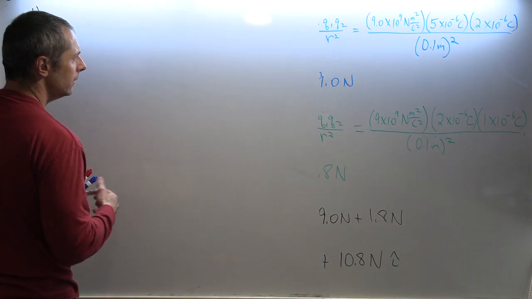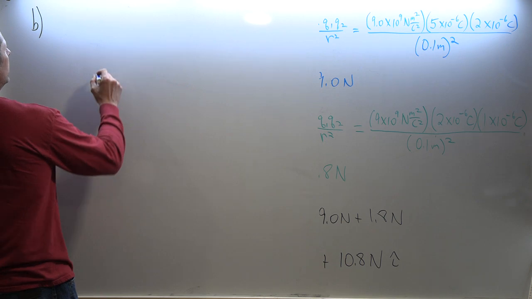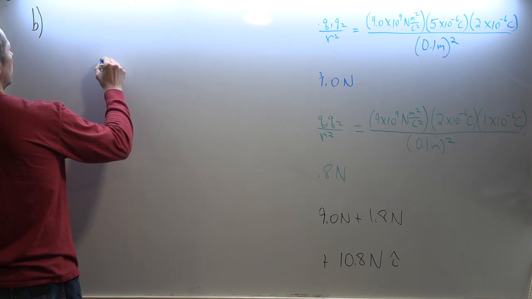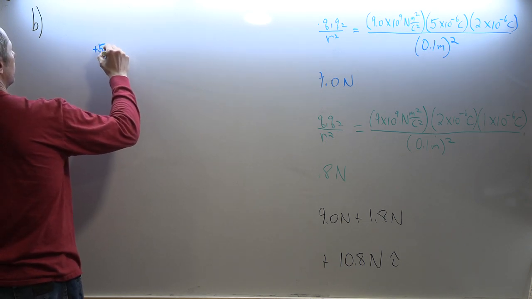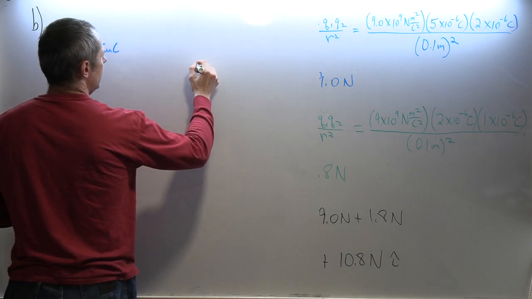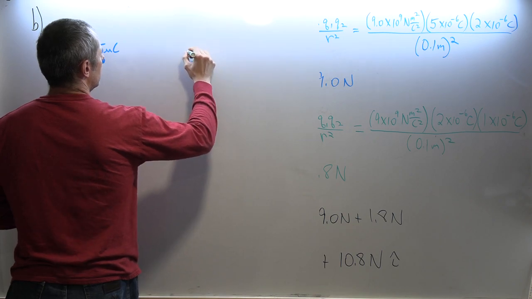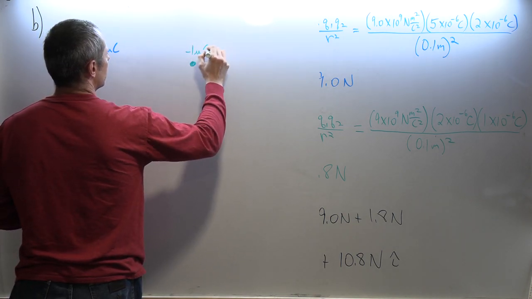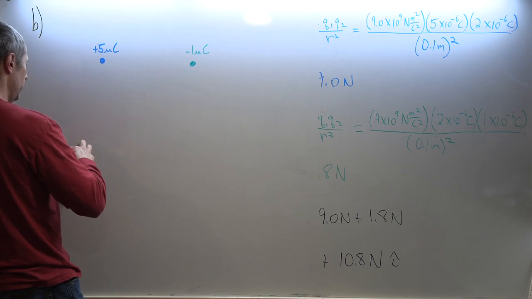Okay, I had the 5 microcoulombs over here, and the negative 1 microcoulomb here. And recall this was x equals 0.